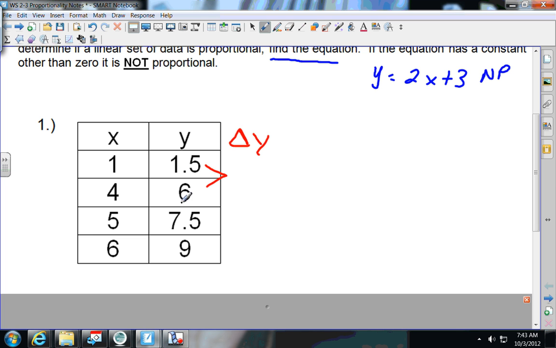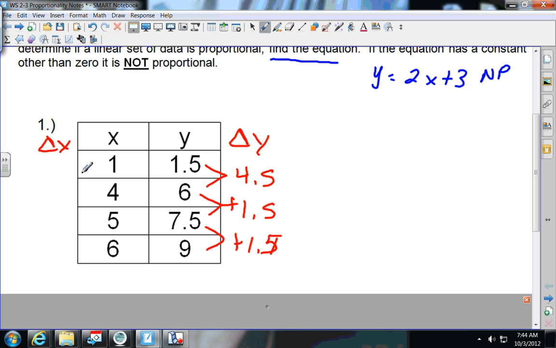If you don't know what this is, you can take 6 minus 1.5. You'll get 4.5. Then from 6 to 7.5, that is 1.5. That is 1.5 as well.